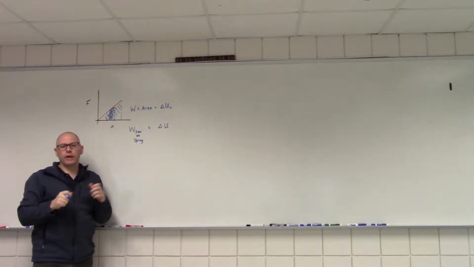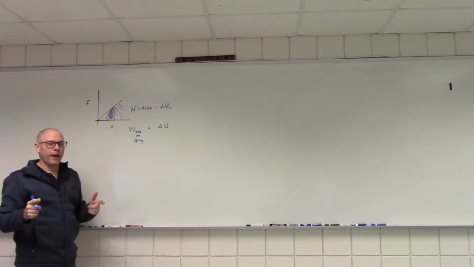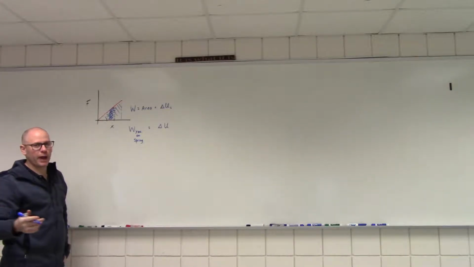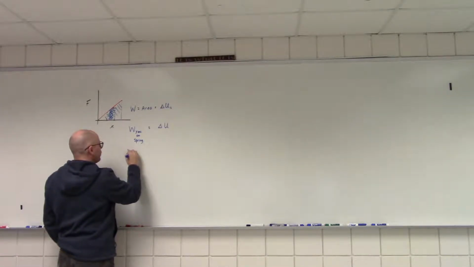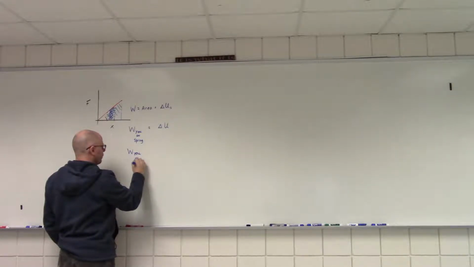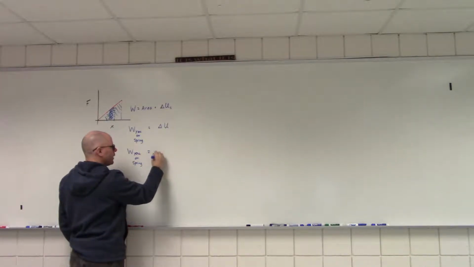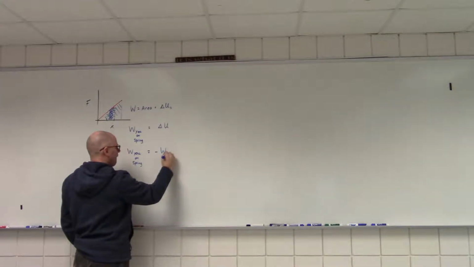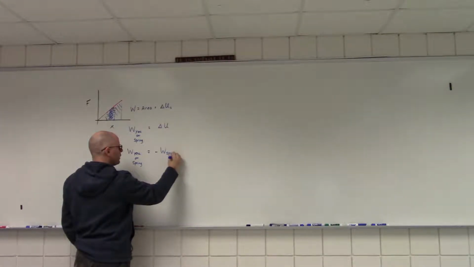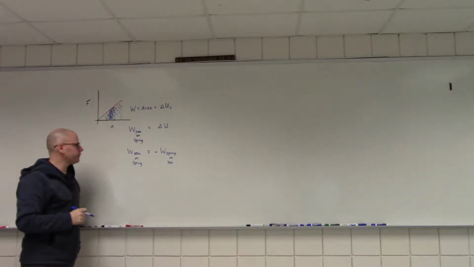And those two works, they're like Newton's third law force pairs, they actually have to be the same in value but opposite in sign. And so the work that you do on the spring is equal and opposite to the work that the spring does on you.